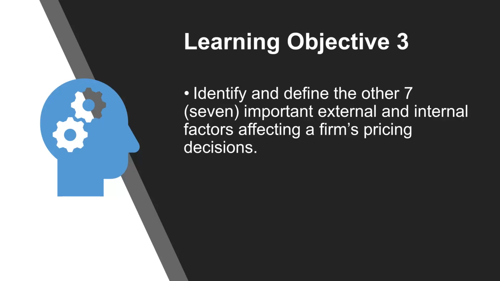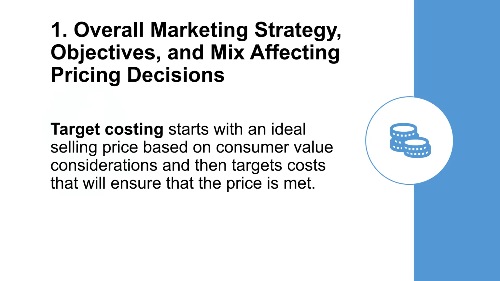So let's take a look at objective number 3, which is, all right, we talked about value-based pricing and cost-based pricing. We know that cost really impacts price. Our competitors impact price. The way that we produce something and how efficient we are impacts price. But what other things impact pricing that marketers have to really watch out for? There's 7 things.